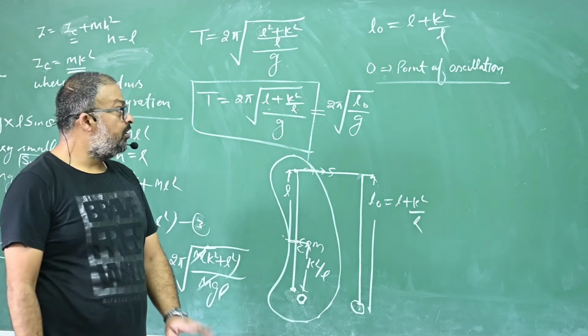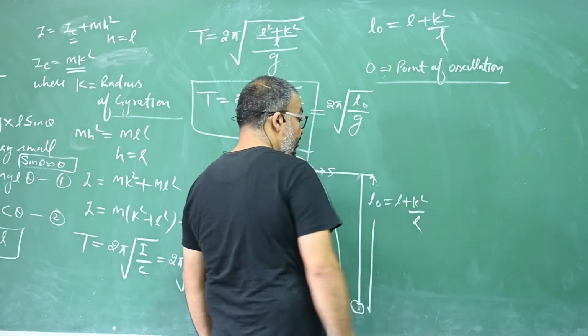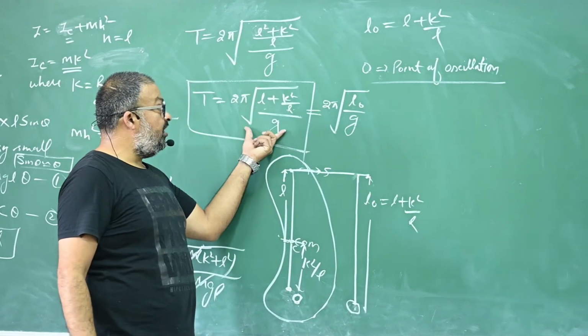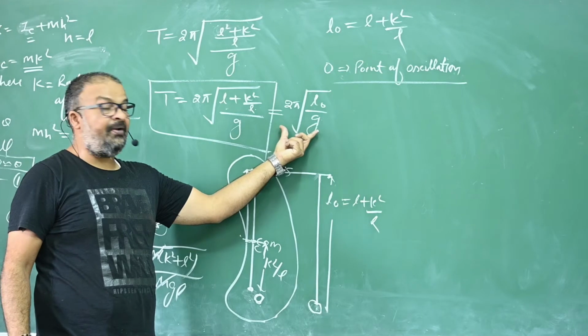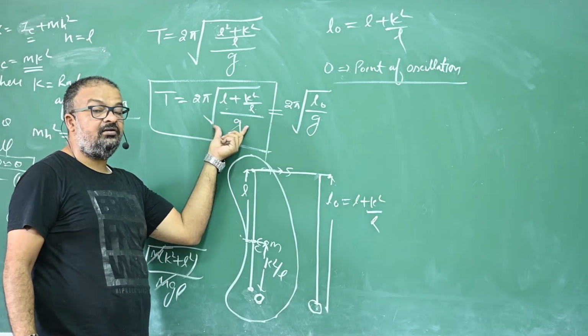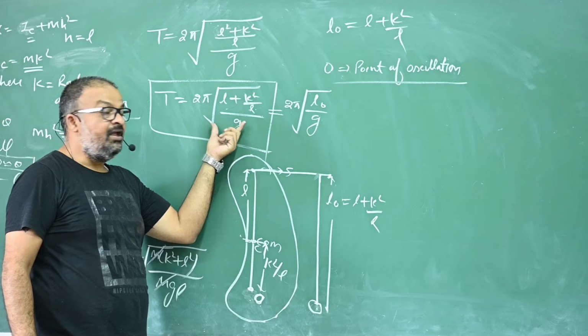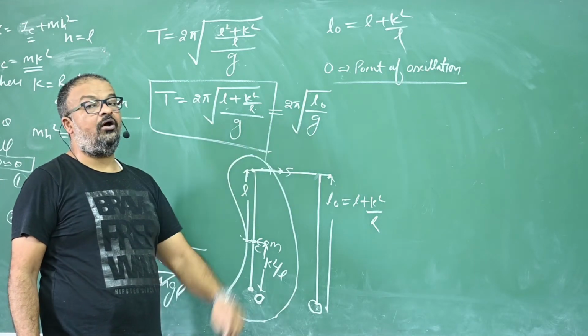Is that okay? So finally, the time period of this rigid body is compared with the time period of a simple pendulum. That means the time period of this rigid body is equal to the time period of a simple pendulum of length L naught.